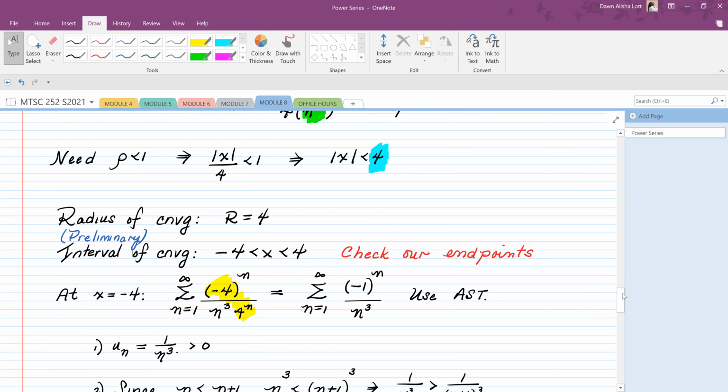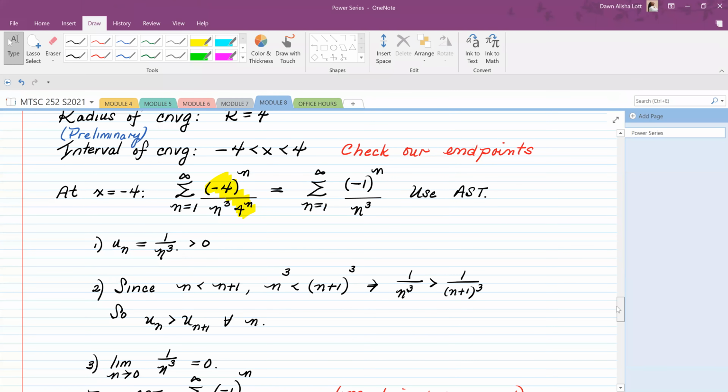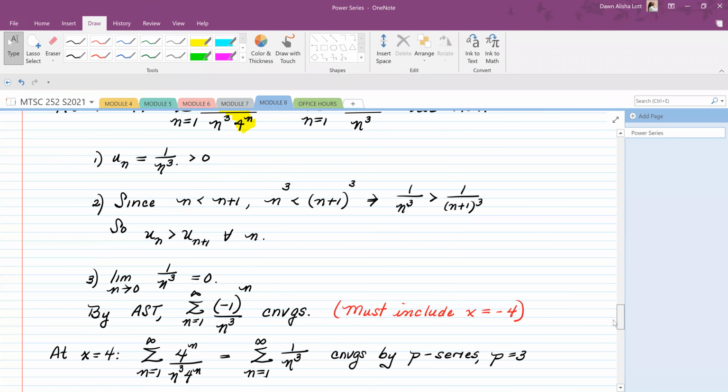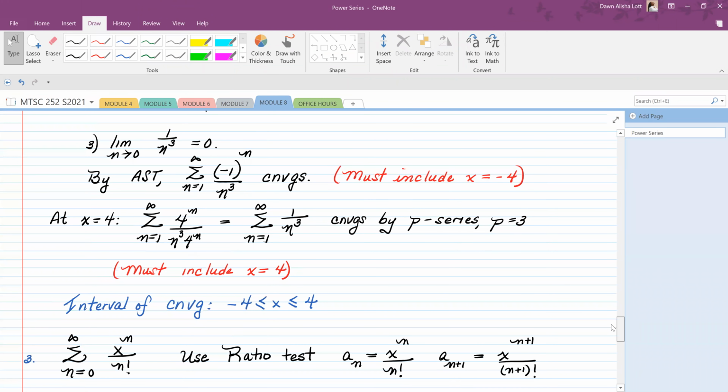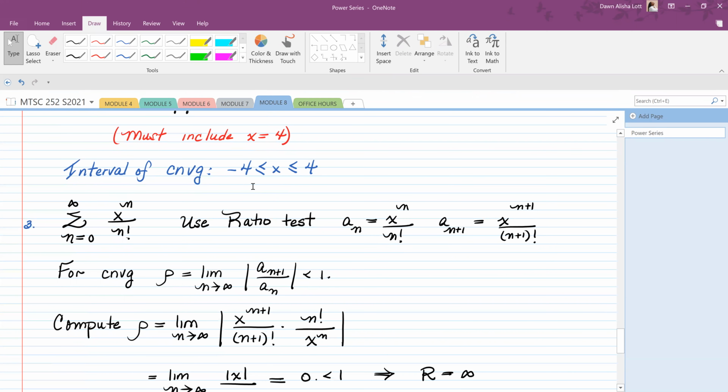We check them by plugging in minus 4 and plus 4 and seeing what those series looked like. So we got a conditional interval of convergence.